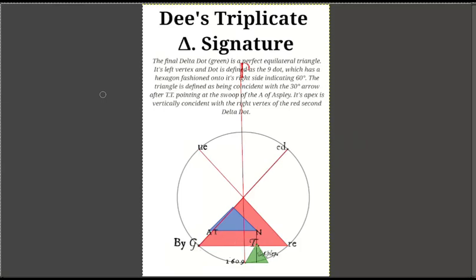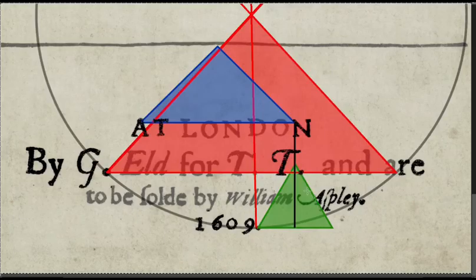Now there are two corroborating triangles, this green one and this blue one, so allow me to justify that. This green triangle is defined as being from that point there, the dot next to the 9, which has been derived by the phi triangle, and this side is coincident with this arrow head here.